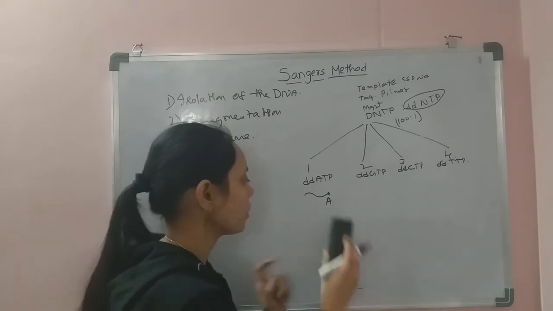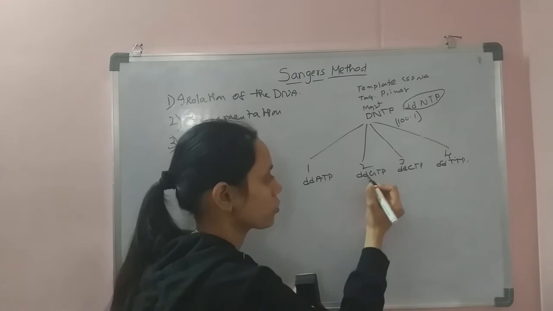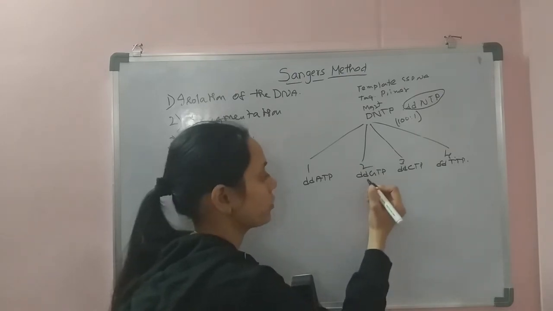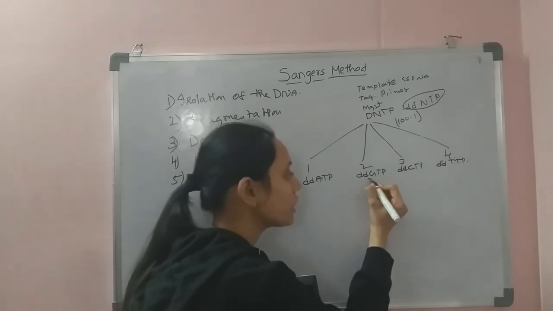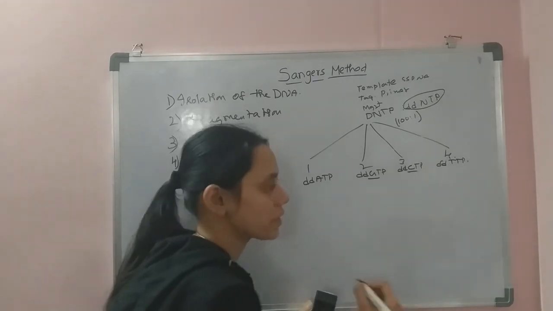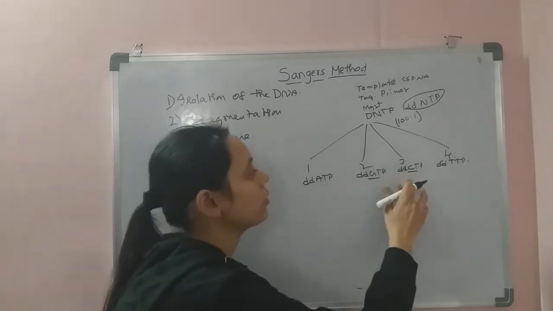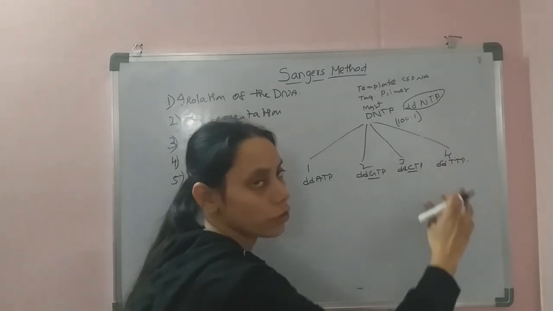So in that way, in the second tube, there is a chance of termination event at every GTP, and due to the presence of ddCTP, chain termination will happen in the third tube as well as the fourth tube.